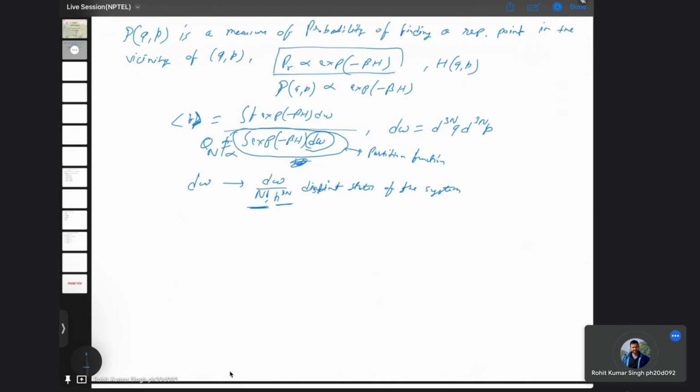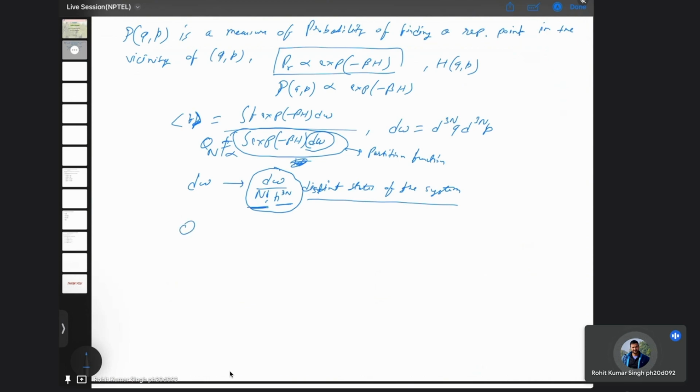So this cancels out the dimensions of volume, and what remains is the number of distinct states of the system in this volume dw.